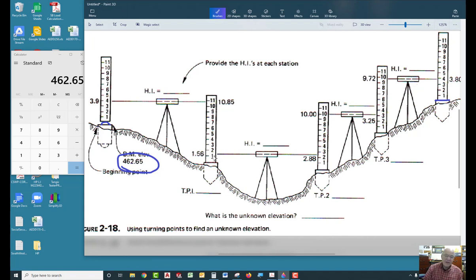Now, in order to find the next turning point, first we have to set up a surveying tool called a level. Sometimes a dumpy level, a farmer's level. In this particular case, it's a very simple tool. It's got a telescope. We can look and see very precisely where the lines appear on these rods, which are basically big rulers.